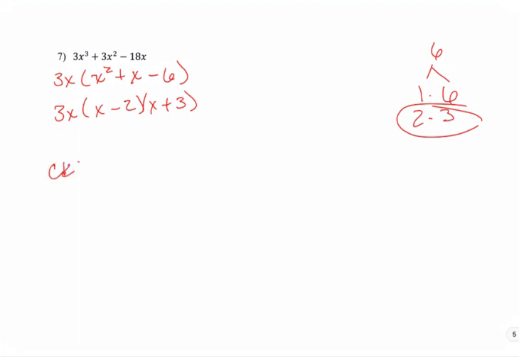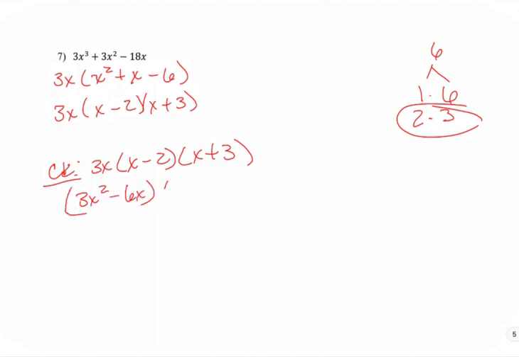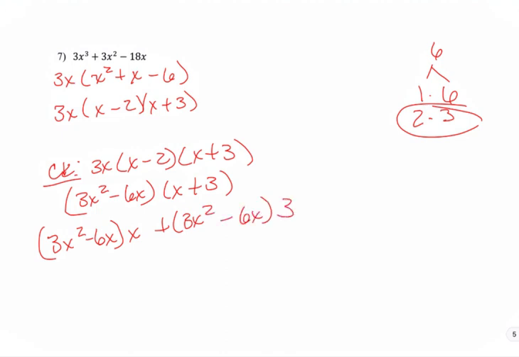And now to check our answer, so we have 3x times x minus 2 times x plus 3, so we have 3x squared minus 6x, and we're going to multiply that times x plus 3, so that's going to be 3x squared minus 6x times x plus 3x squared minus 6x times 3.